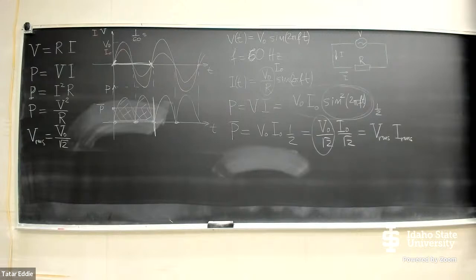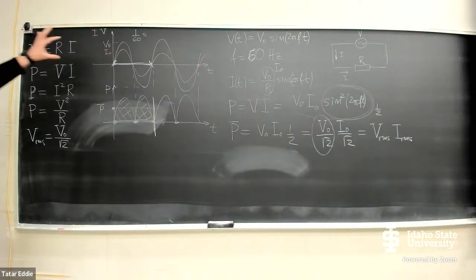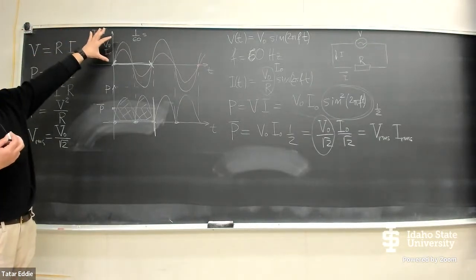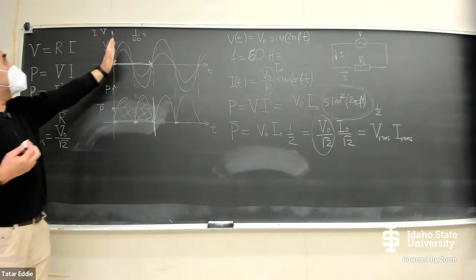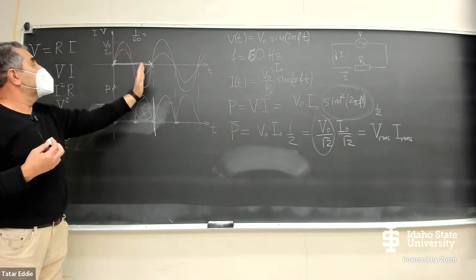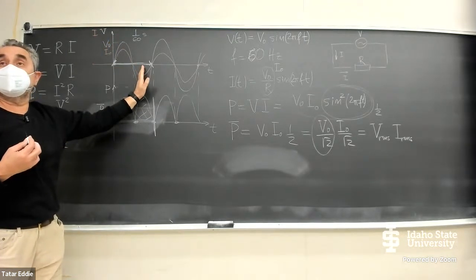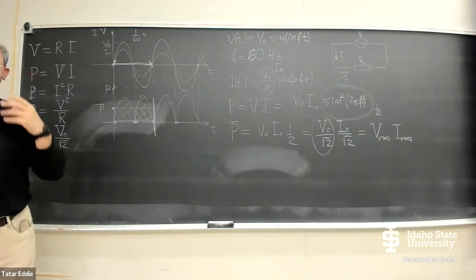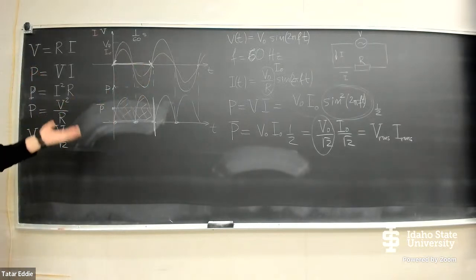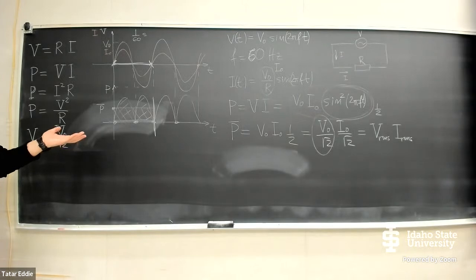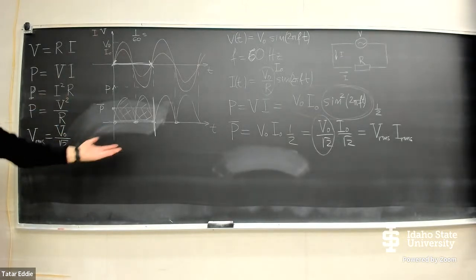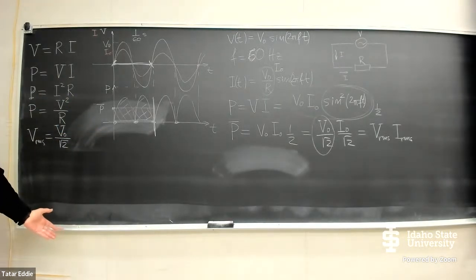And look, the reasoning for introducing this RMS value is very simple. Look at the voltage in an AC circuit. Half of the time the voltage is positive, the other half of the time the voltage is negative. So on average, the voltage is 0. If you average the sine function, the average is 0, right? We talked about that.